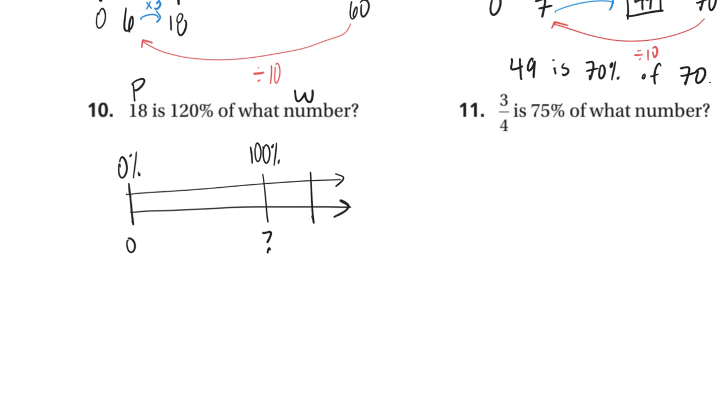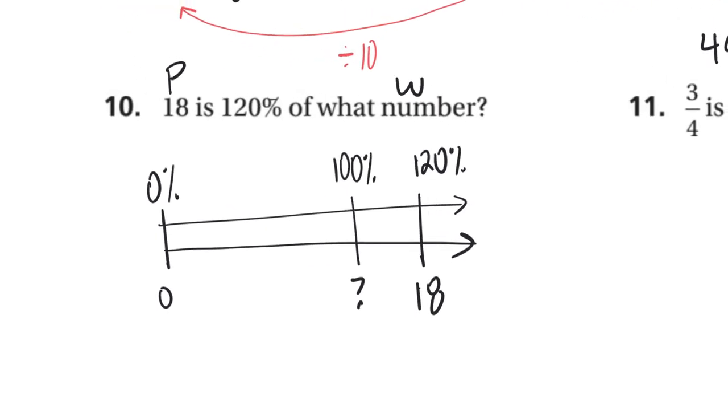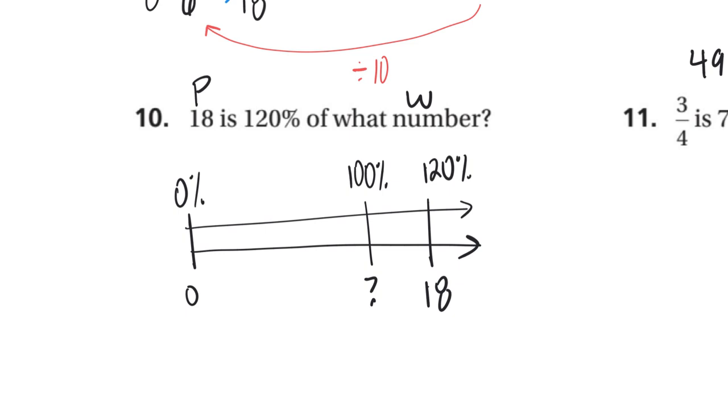We know 120% of something is 18. So this one we needed to go past 100%. Then I'm looking for a common factor between 100 and 120. I'm going to use 20. You could use 10, 10 also works. I'm going to use 20%.